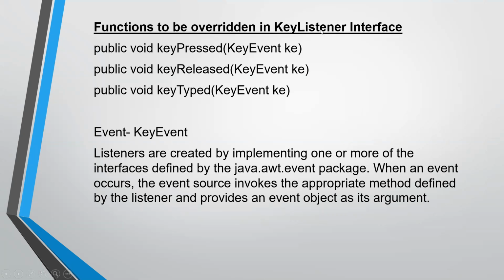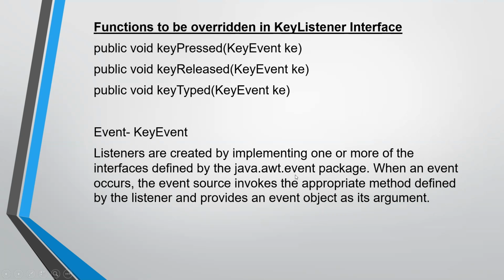Next, the functions in the KeyListener interface: public void keyPressed, public void keyReleased, public void keyTyped, where all have the same event, KeyEvent, and the object of the KeyEvent is ke. Listeners are created by implementing one or more interfaces defined by the java.awt.event package.